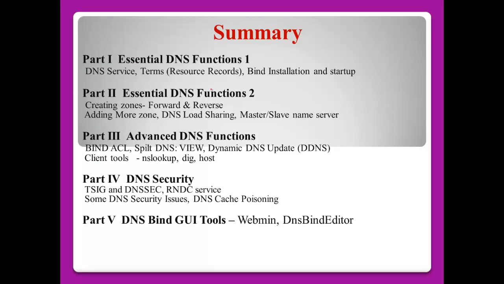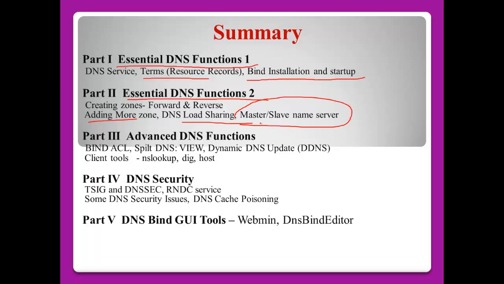So far I have explained and shown how to use the DNS server with BIND. In part 1, the essential DNS functions such as DNS service, the default terms, and BIND installation and startup. The essential DNS functions in part 2, like creating zones, forward and reverse, and adding zones for load sharing, especially master and slave name servers.